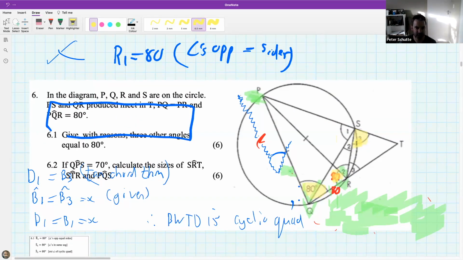And then what is the final one? S1 being 80 would be angles in the same segment. Yes, S1 equals 80. Oh, that would be matching this one down here. Okay, so there's a couple of ways we could do that. We have this one over here is 80. We've got this one over here, and we've got that one over there.